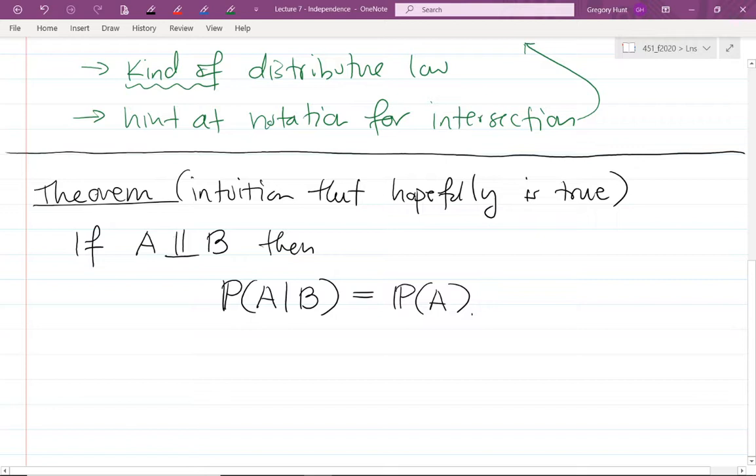It's not how we define independence. Presumably you could make that the definition, but it doesn't generalize very easily, so we like our multiplicative definition above. It turns out this is true. This is an intuition we have about how probability behaves. It's true, and we can prove it. So that's the proof.